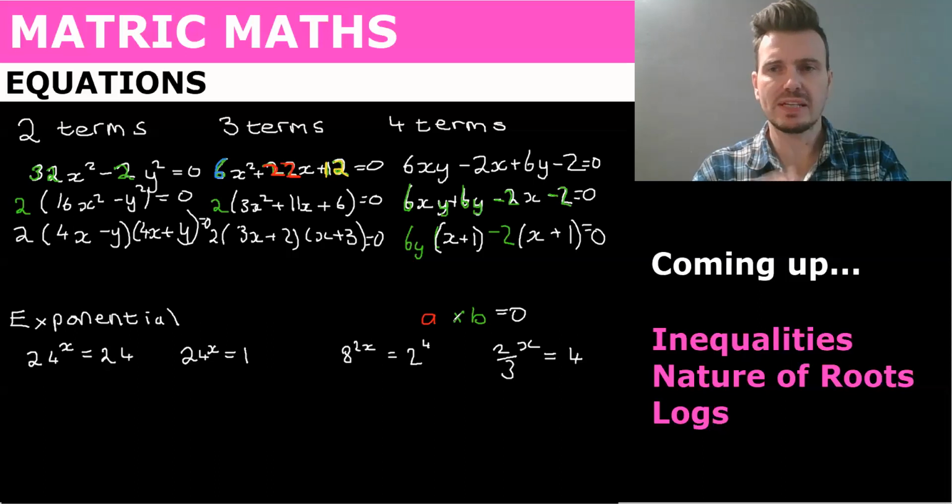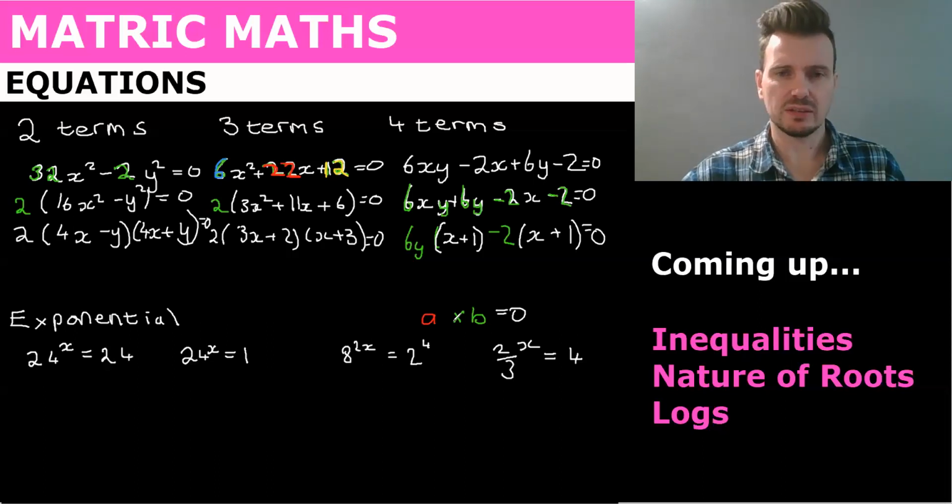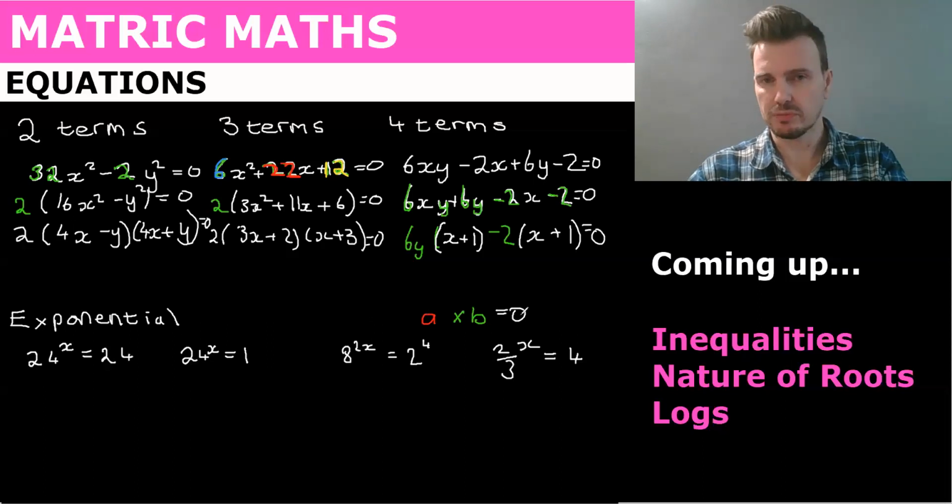So whatever B is, if A is 0, then it's true. But in the same sense, if B is 0, it doesn't matter what A is. So A could be 1,000,000, B could be 0, 1,000,000 times 0 is 0. So one of these has to be 0, and it'll be true.